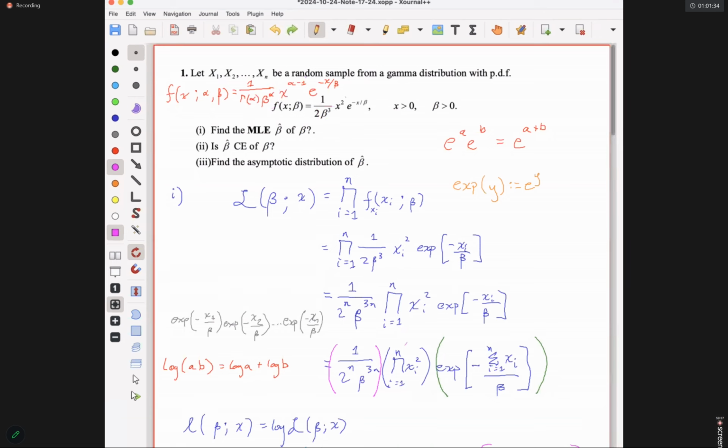And similarly, if I look here, this is x to the second. Comparing to our formula, it's x to the alpha minus 1. So alpha minus 1 is 2, and so alpha is 3. So I can say here that x follows a gamma 3 beta distribution. Does that make sense?